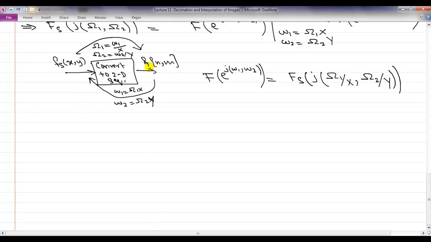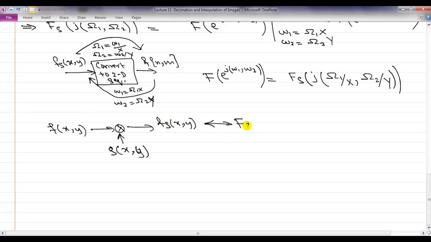So now we know the relationship between when we take this Dirac comb and convert it into a sequence, or take the sequence and convert it into a Dirac comb type of signal. We also know from last class the relationship between f(x,y) multiplied by the comb, and the Fourier transform of my original 2D signal.